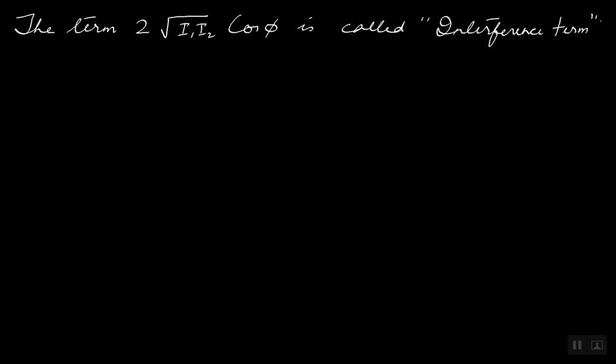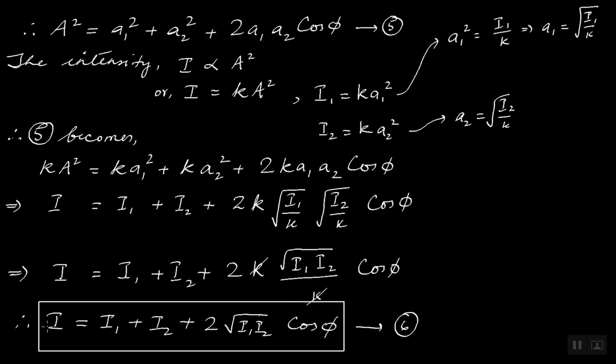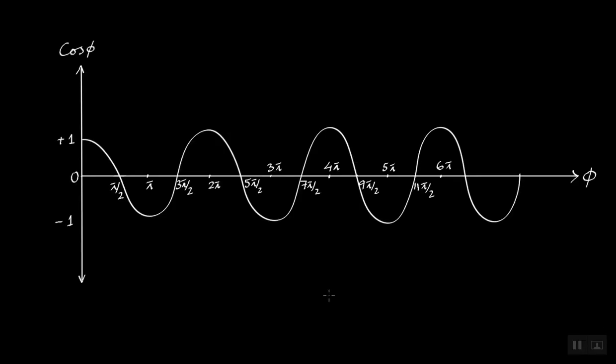Okay, so you can see here that the intensity of light is a function of cos phi. Okay, and cos phi here has maximum and minimum values that we know very well, right? If you look at the graph of a cos function, this graph here, this is the graph of a cos function, okay?